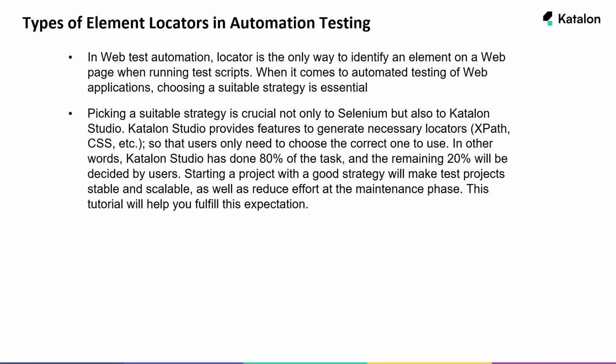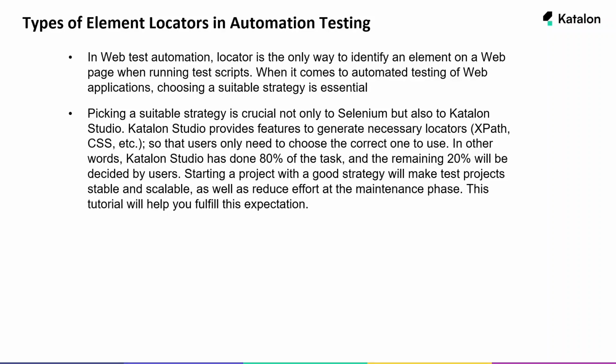Picking a suitable strategy is crucial not only to Selenium but also to Katalon Studio. Katalon Studio provides features to generate necessary locators like XPath, CSS selectors, etc., so that users only need to choose the correct locator to use. In other words, Katalon Studio has done almost 80% of the task, and the remaining 20% of the task will be decided by users.